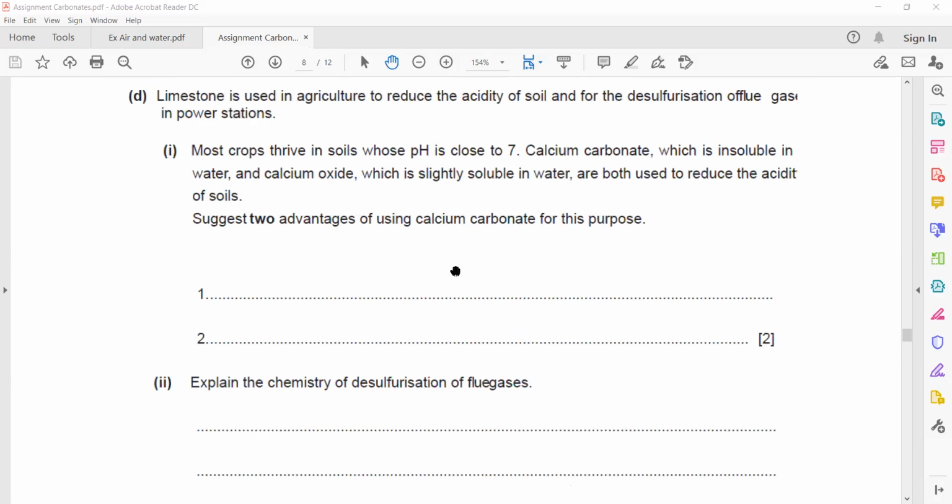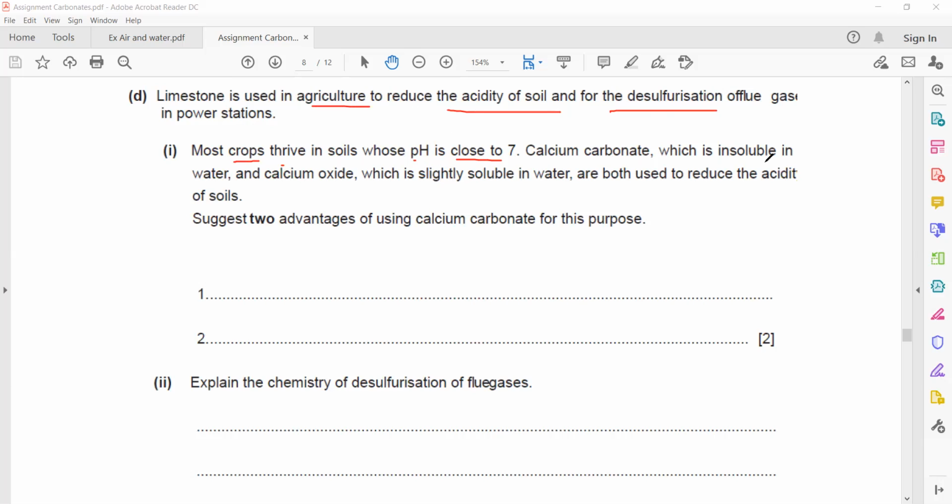In part D, limestone is used in agriculture to reduce the acidity of the soil, or for desulphurization of the flue gases in power stations. Most crops thrive in soil whose pH is close to 7.